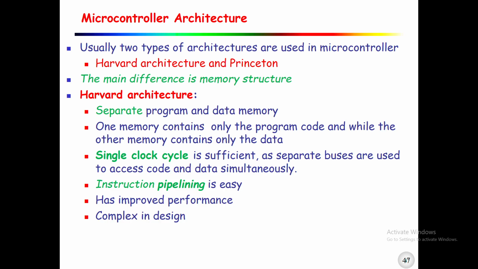This allows a single clock cycle to be sufficient for the operations, because we are using separate buses to access the code and data simultaneously. Instruction pipelining is very easy and performance is improved. However, the design is more complex.